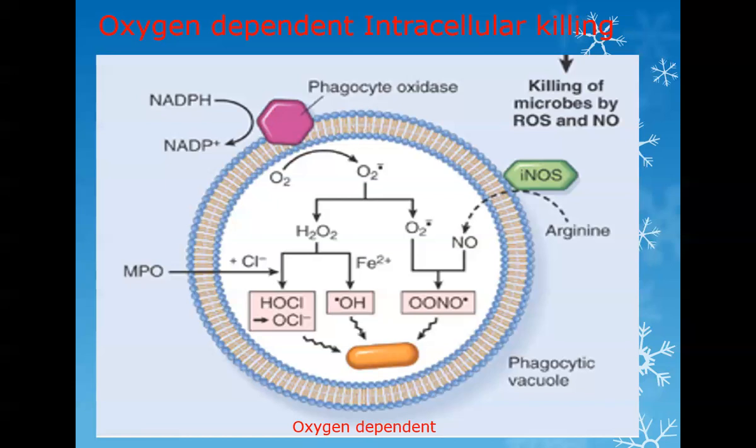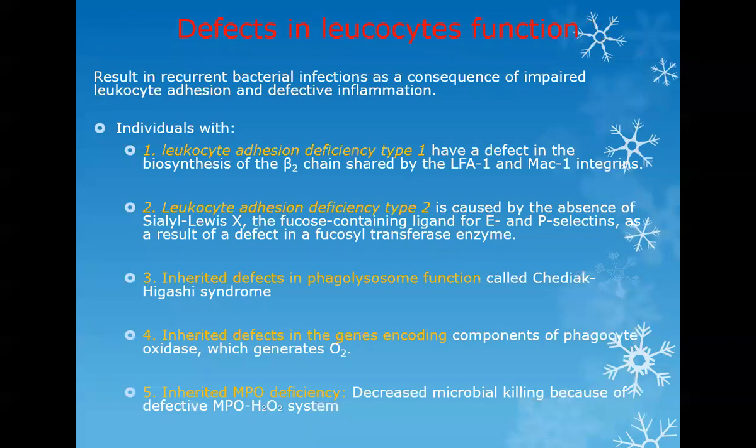The inducible nitric oxide synthase produces nitric oxide from arginine, and this nitric oxide joins with superoxide to form peroxynitrite. Peroxynitrite, please write it down. Peroxynitrite is also a strong killer of the bacteria. Is it clear now? If it is not clear, I can repeat. Clear to everybody?